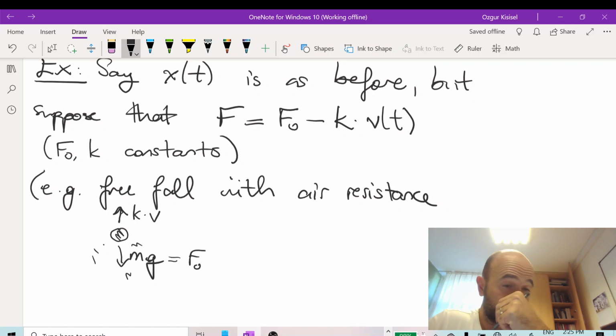Now, this is partially realistic. I mean, this opposing force being dependent on velocity is somehow realistic. If you're falling in air, then the faster you are, the more air molecules you would hit per unit time, and that would create more force. So it is kind of intuitively clear that this force is going to be relevant to velocity.